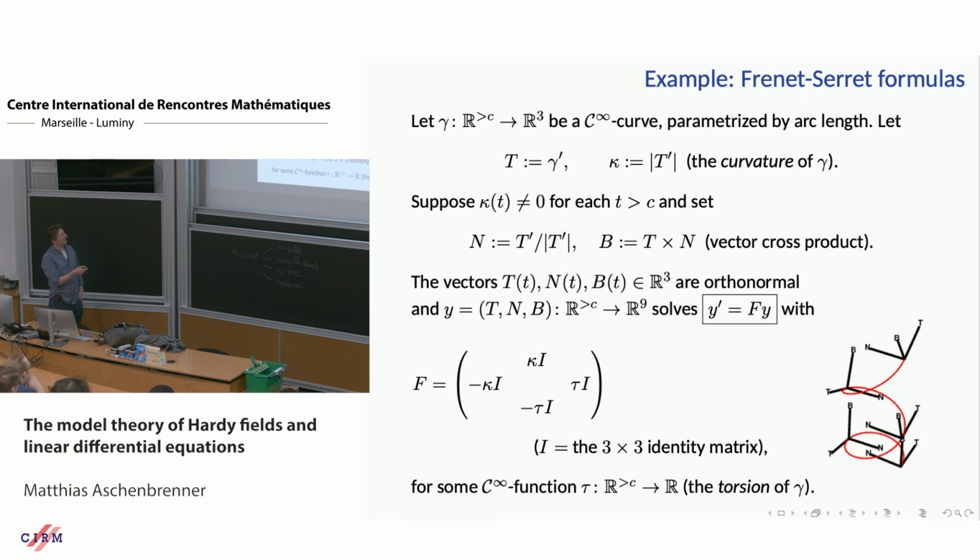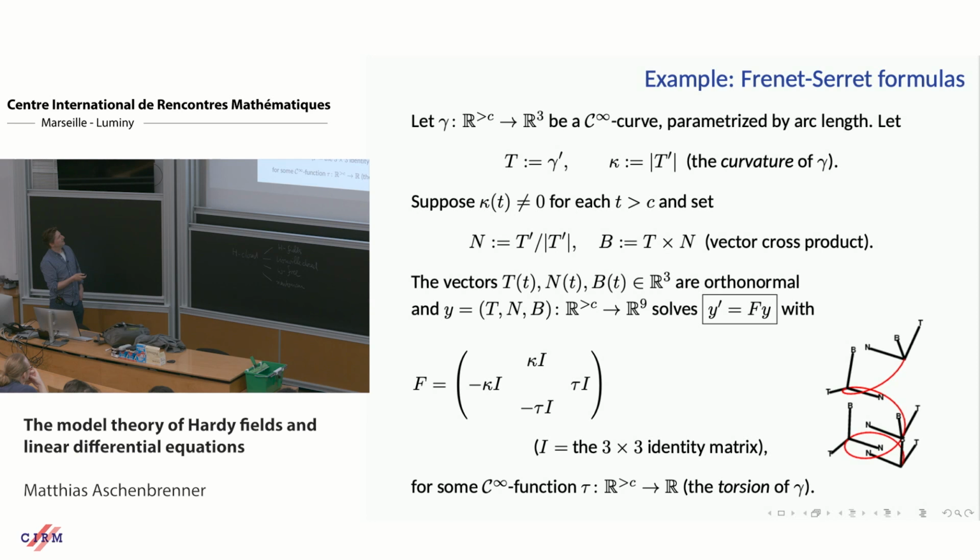So here the kappa is the curvature, and there is another function tau, which appears here, which is called the torsion of gamma. And the torsion somehow measures how far this curve is away from lying in just a plane. So how much it goes out of a plane.